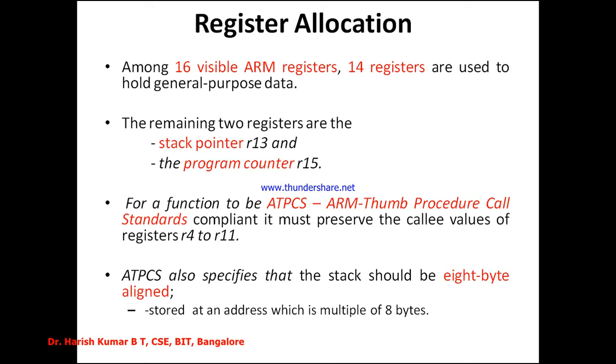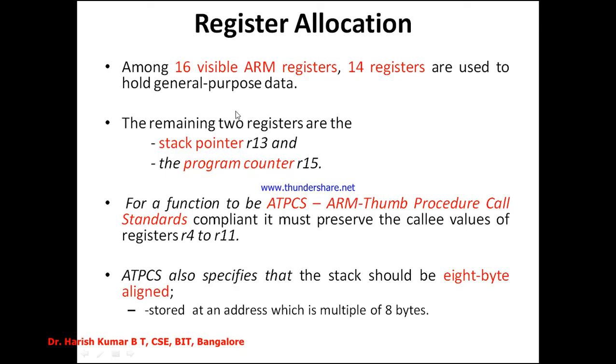It is 16. After 16, it is 24. It goes like this. That means when I say 8-byte aligned, the address where you can store the data must be a multiple of 8 bytes. And similarly, if I say 2-byte aligned, the address must be a multiple of 2. Similarly, if I say 4-byte aligned, the address must be a multiple of 4 bytes.